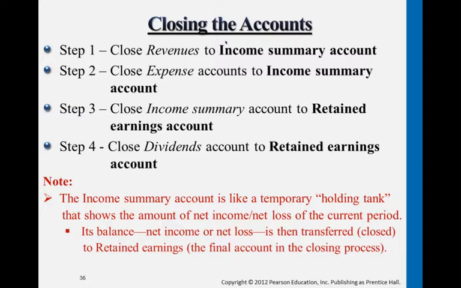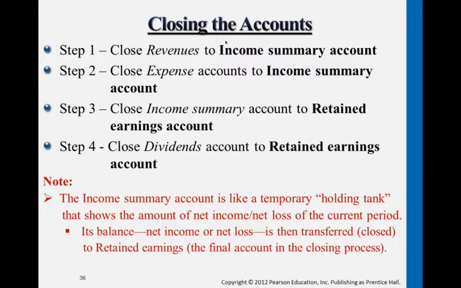Now we only have income summary and dividends left. So what we're doing in the third step is closing income summary and transferring the amount to retained earnings. What that means is really transferring net income. By these amounts, it's pretty obvious that the company has net income here, worth $3,000. Now we want to immediately close out this account.